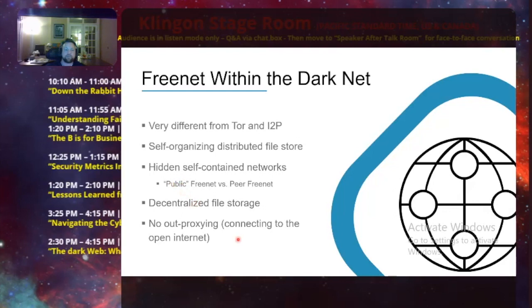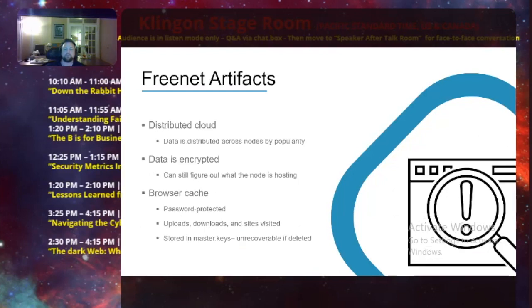There is a public Freenet, and I'm going to bring up the public Freenet momentarily here. Okay, so the big thing I wanted to cover here is the data being distributed. So the encrypting of the data within your node is meant to keep Freenet node operators from being able to figure out what type of information is in their nodes.